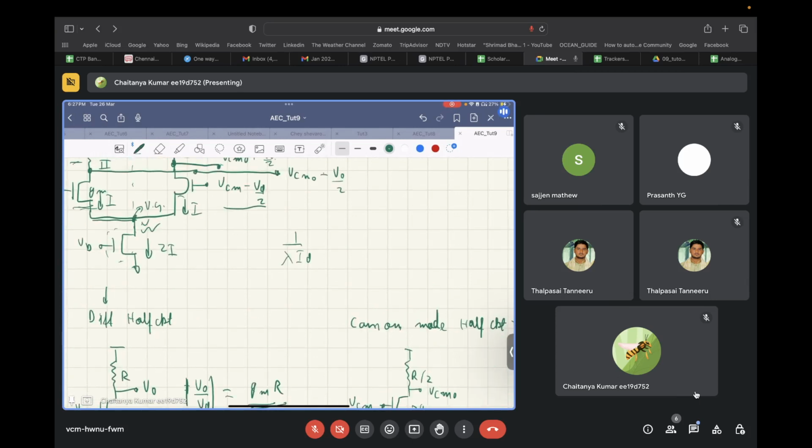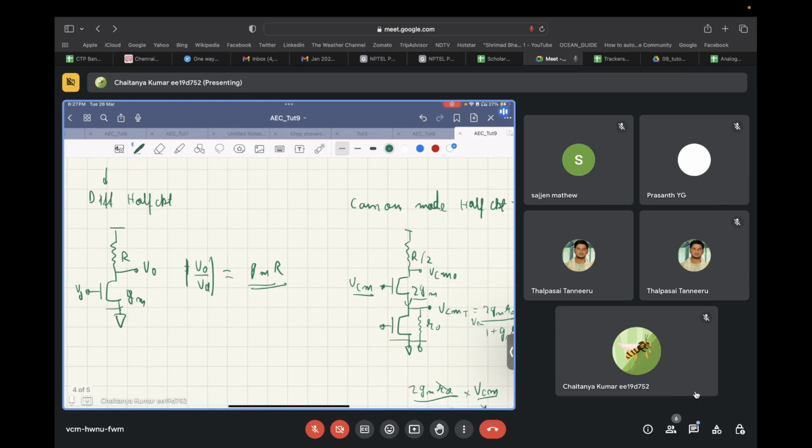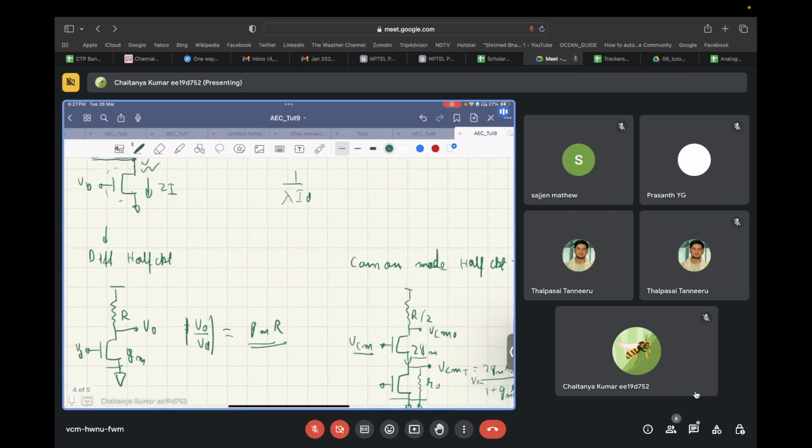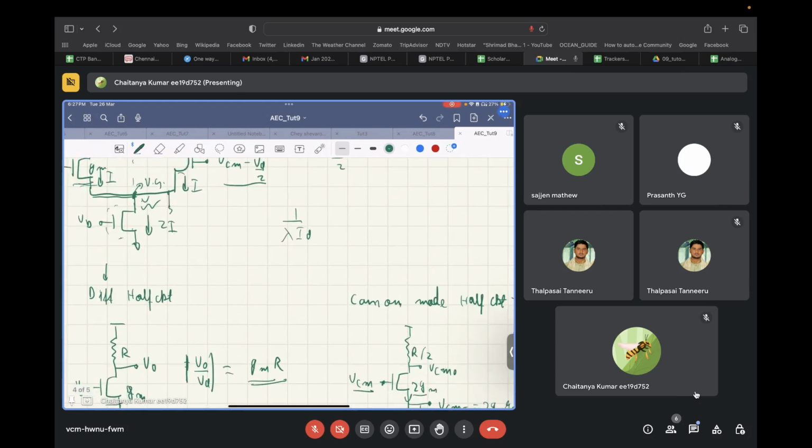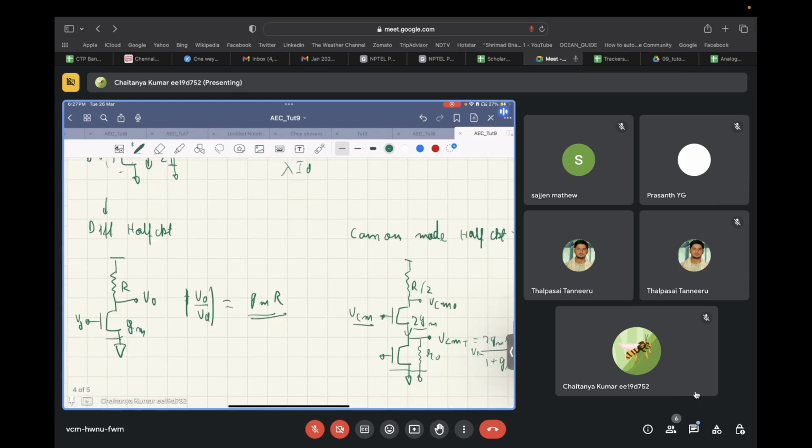And then you have this current source, which is a single current source. So let's say its output resistance was R naught. So you have one R naught over here. And what you need to do is, from input to output, now like any other incremental analysis, find out the gain.